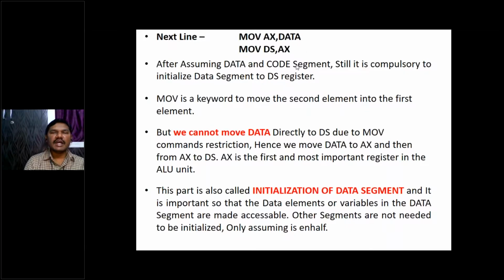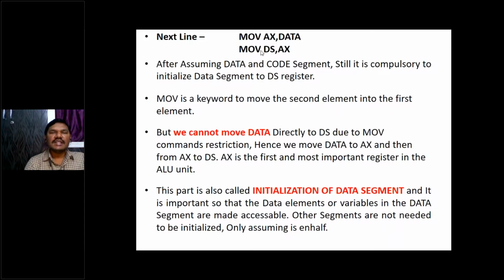After assuming data and code segment, it is still compulsory to initialize the data segment to the DS register. MOV is a keyword to move the second element into the first element. But we cannot move data directly to DS due to the restriction of the MOV command. Hence, we move the data to AX and then from AX to DS.